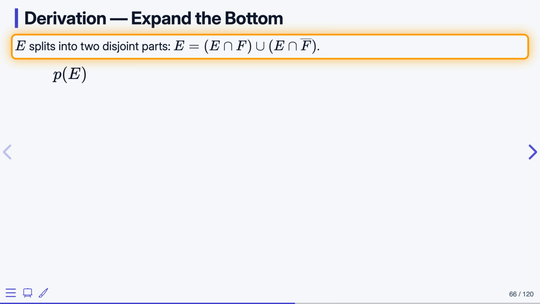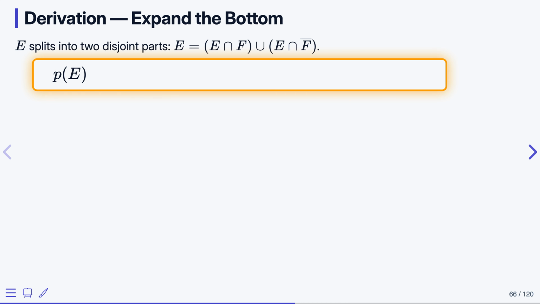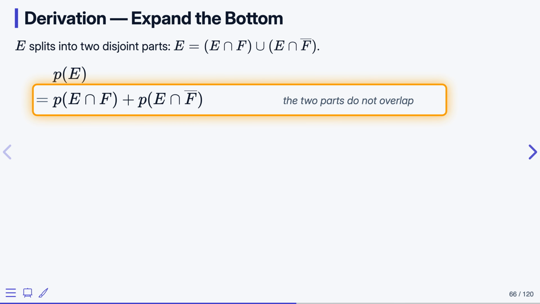Last step. We must rewrite P of E. Every outcome of E is either inside F or outside F, so E splits into two pieces that do not overlap. We start with P of E. The two pieces do not overlap, so their probabilities simply add.